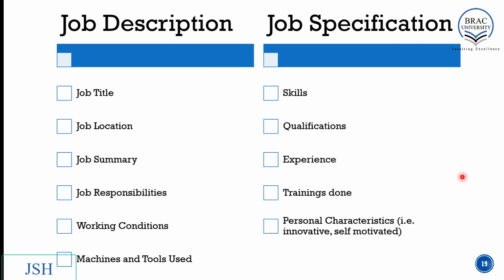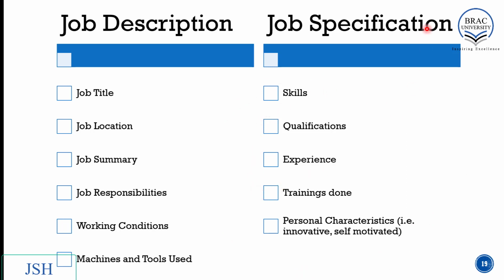What are the points that can come under job specification? Now this side is really easy and we have already covered all the points. If we take a look, we have skills, qualifications, experience, personal characteristics. We have already addressed all of these, and all of these points actually explain the person doing the job.